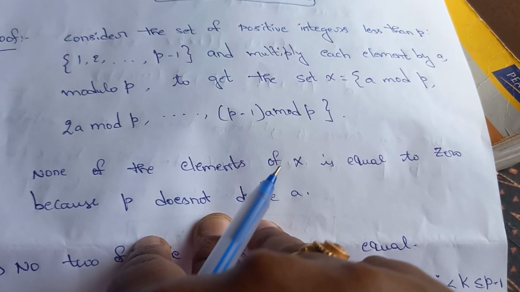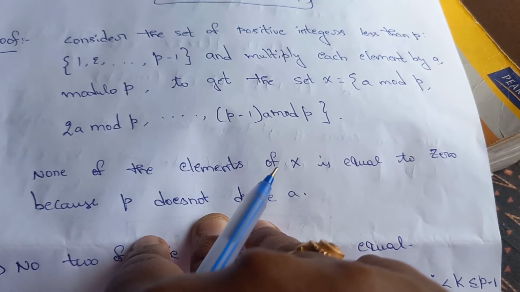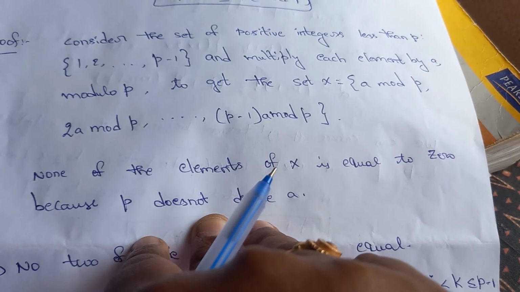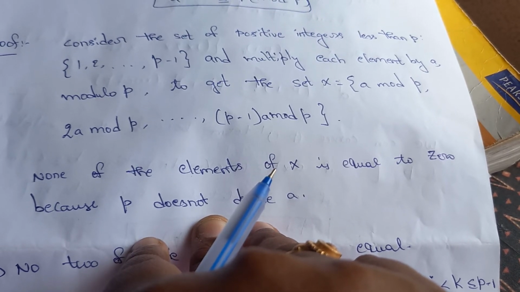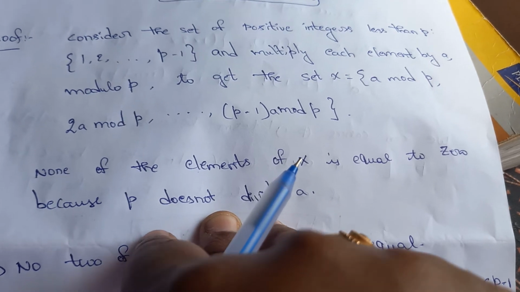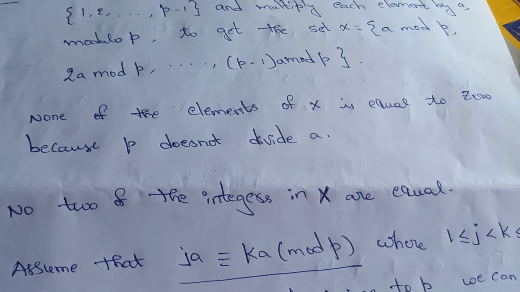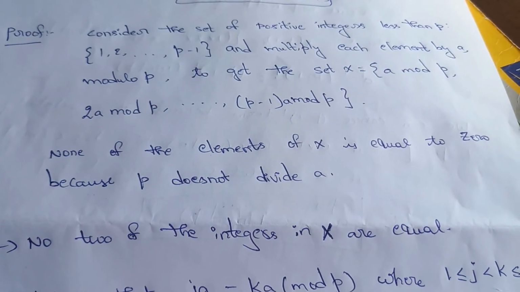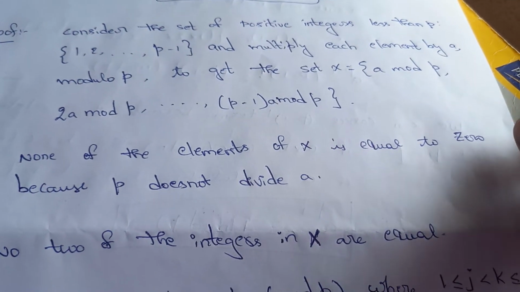This is the set X. X is the multiplication of a with the positive integers, followed by the modulo operation with p.